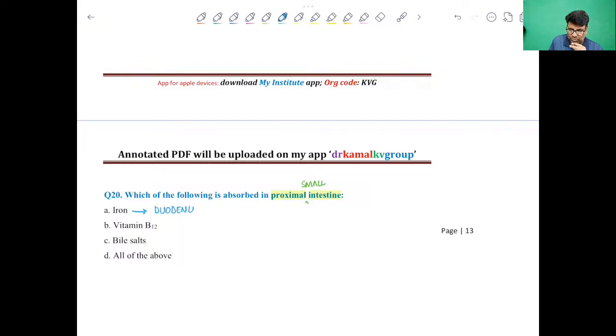So iron is absorbed in duodenum, vitamin B12 in terminal ileum, and bile salts, they undergo enterohepatic circulation. They are also absorbed in terminal ileum. Clear? So the answer here is iron, which is absorbed in duodenum, that is the proximal part of small intestine.